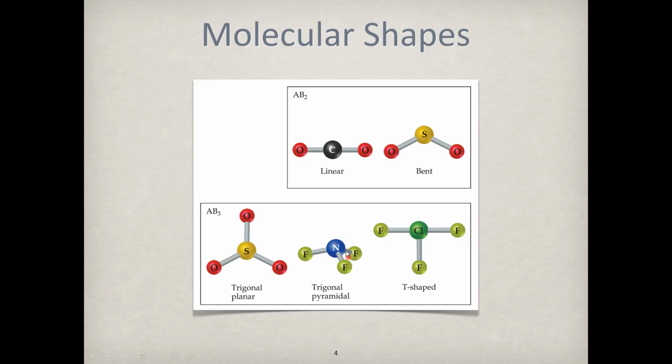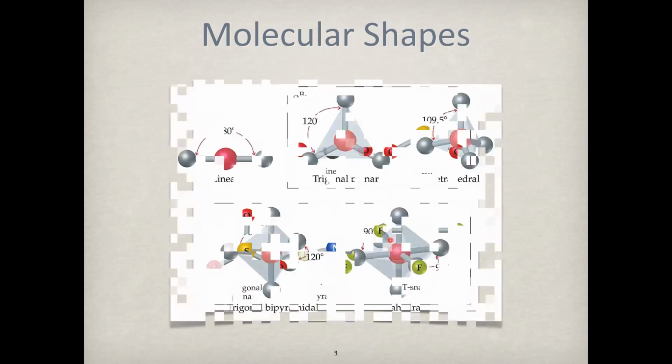Whereas with something like NF3, or even ammonia, if we replace these fluorines with hydrogens, NH3, there's going to be a lone pair here on this central atom, which is then going to force these bonds down. And a similar idea with ClF3. There are going to be two sets of lone pairs on this chlorine, and that's why we're going to wind up with an even different shape here. So the Lewis structure just isn't going to be able to fully represent the differences between these structures.